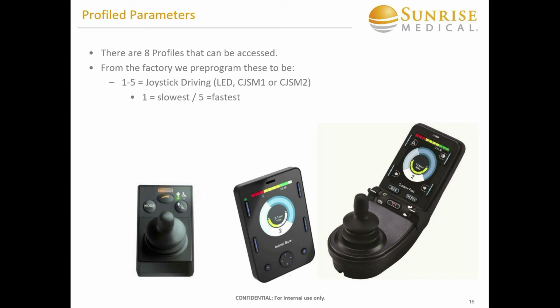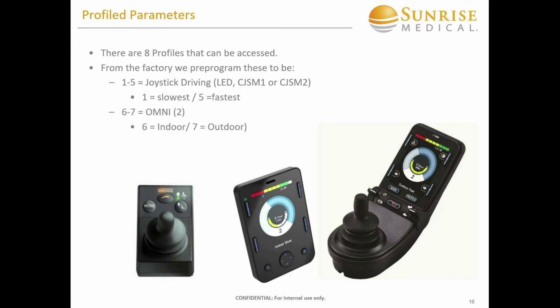So we typically use the speed up, speed down for that. Now for the joystick, number 1 is going to be the slowest setting. Number 5 is going to be the fastest setting. So, we're going to give you 5 profiles, and you can change that. We'll show you how to change the number of profiles, but that's what we give you as a default setting.